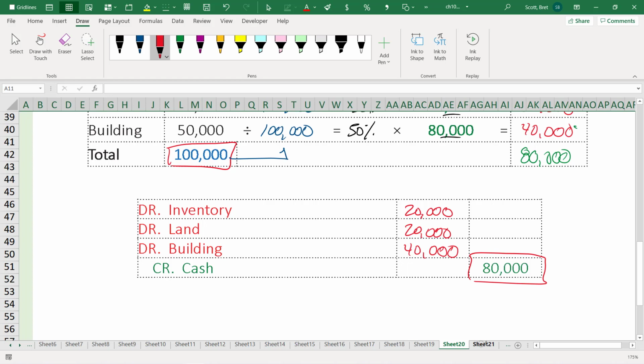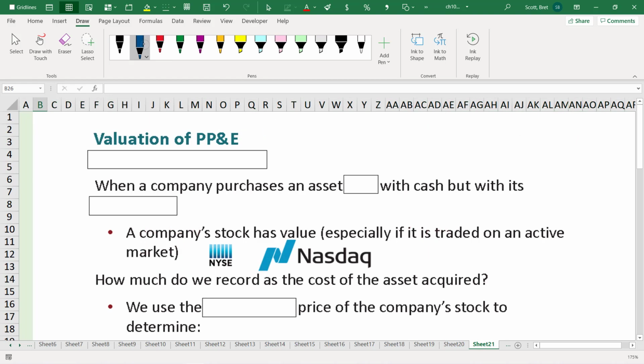I want to move on next to valuation of PP&E in the situation where we issue stock for assets. When a company purchases an asset, not with cash, but with its own stock, we can actually issue stock as a secondary equity offering.